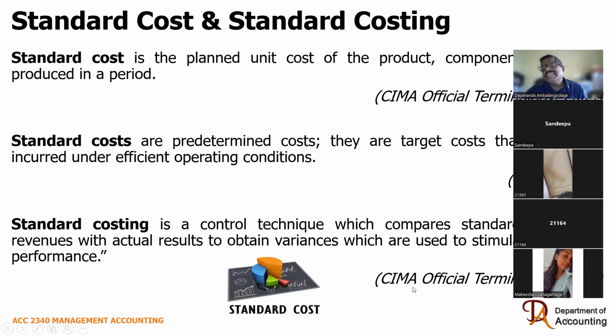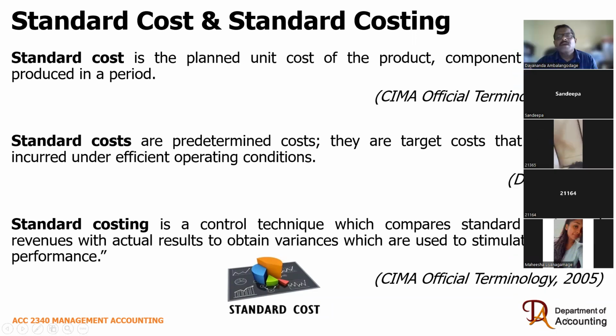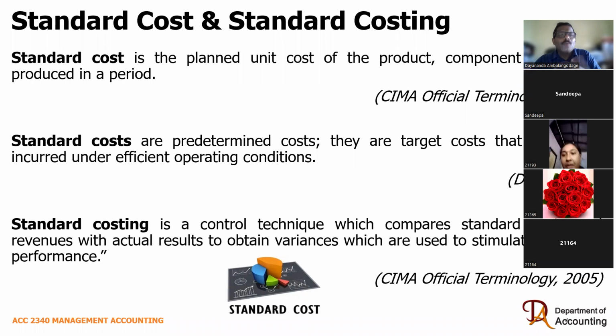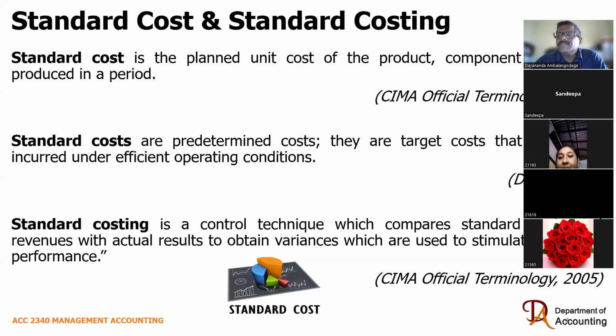So basically, it talks about the planned unit. Thereby it's the target, related to the components or a product produced in a period. So basically it is dealing with a unit cost.